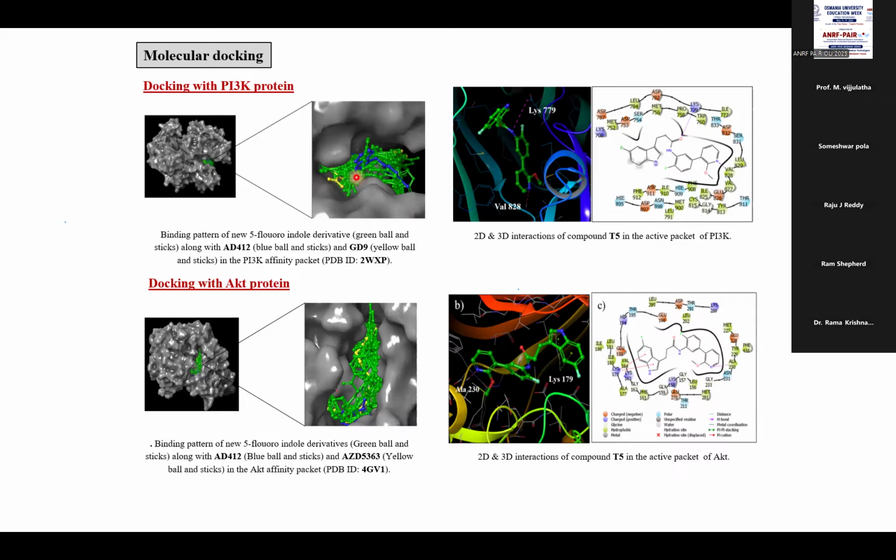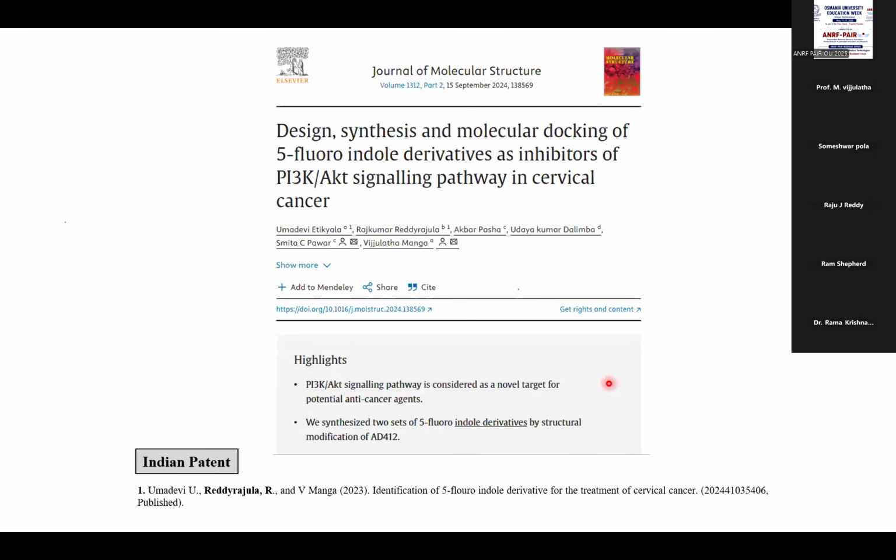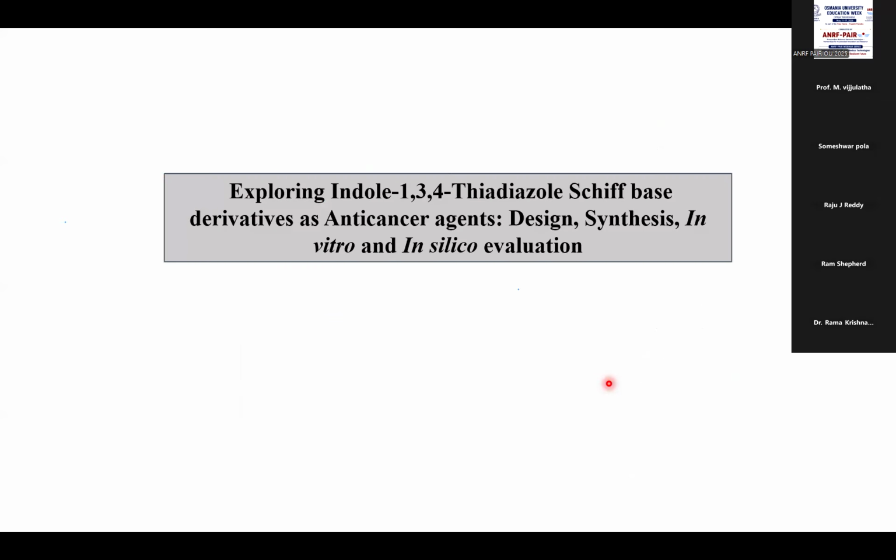And also, we have AD412, which we have taken as a standard, also was docked, which is shown in blue ball and stick. So all these show that these molecules, which are 5-fluoroindole derivatives, were fitting properly into the active site. And also docking pictures are shown here, which show better binding interactions with the active site of the protein. And this was published in Journal of Molecular Structure.